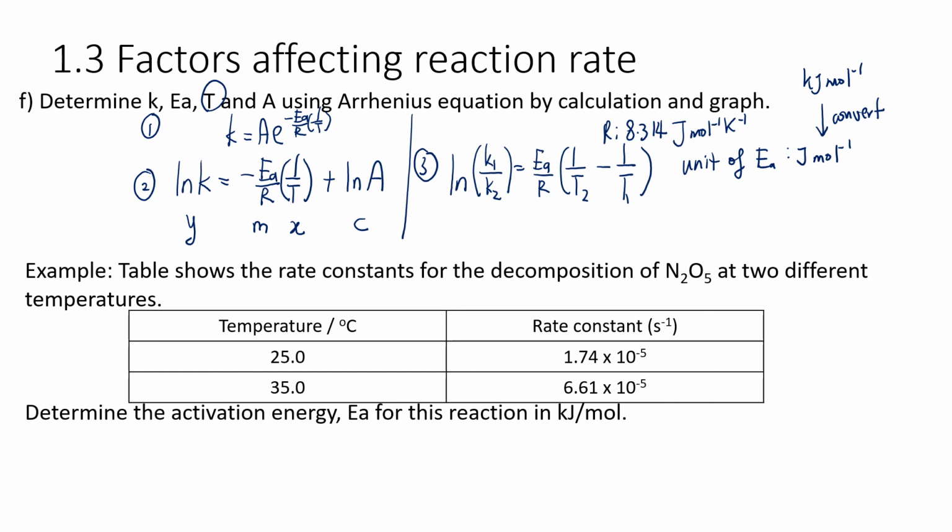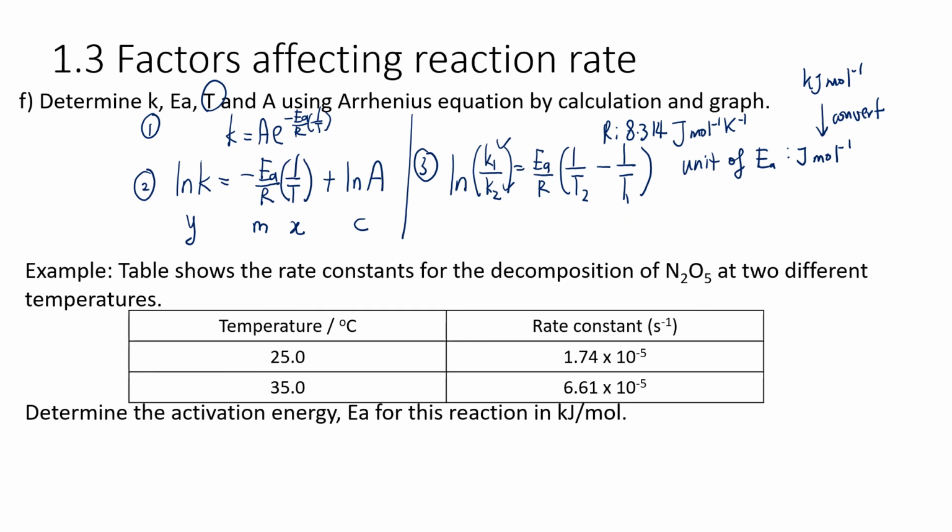We use this third Arrhenius equation, the modified form, when we have 2 rate constants and 2 temperatures given.